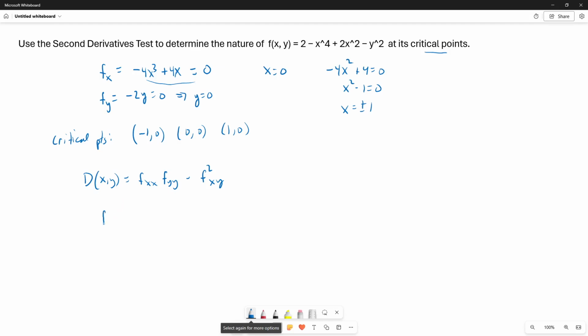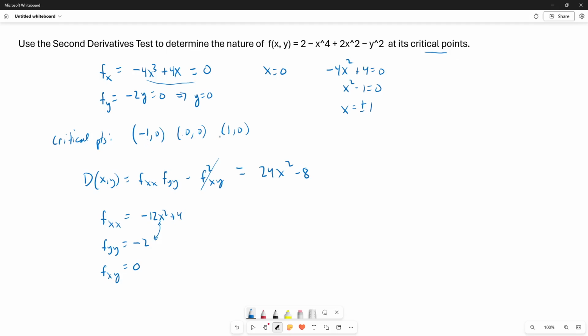So f sub xx is -12x^2 + 4, and f sub yy is -2. And the mixed second derivative, f sub xy, is 0. So our discriminant, this part is 0. We just multiply these together, and we get 24x^2 - 8.